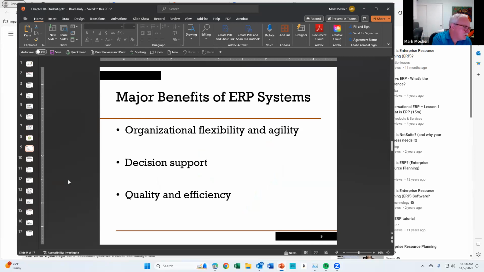All right, so moving into the next area, the benefits of the organization: flexibility and agility. Obviously, if you have the ability to communicate and get information from the other areas, it makes it a lot easier for you to be flexible, make changes, and be agile in how you do things. Salespeople have production information. Let's say I'm a sales guy out in the field and I have the ability to log in, and inventory comes up.